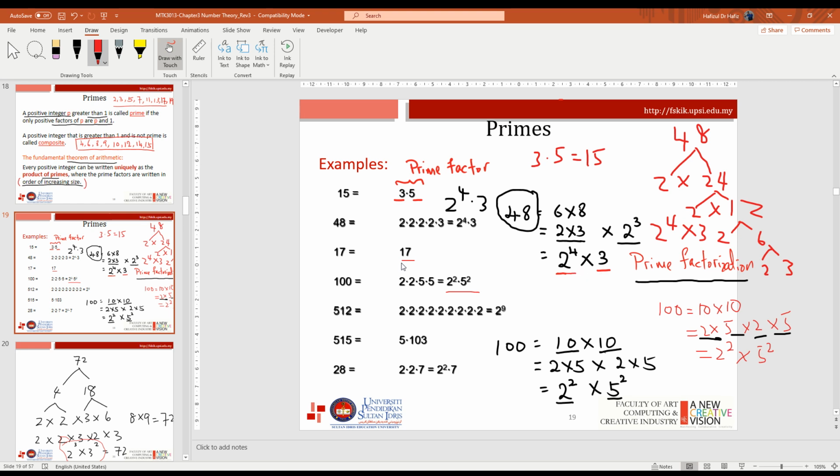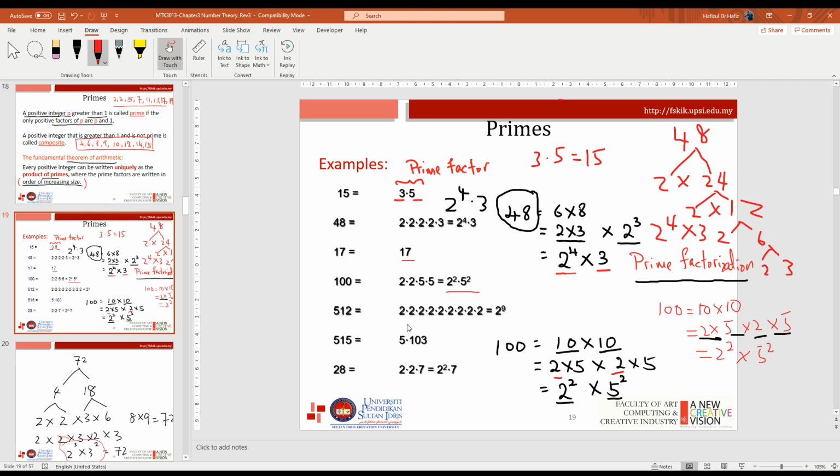If let's say 100, 100 is 10 multiplied by 10, which means 2 multiplied by 5 multiplied by 2 multiplied by 5, and then here we got 2 power of 2 multiplied by 5 power of 2.